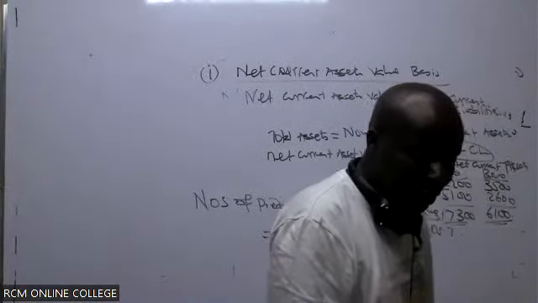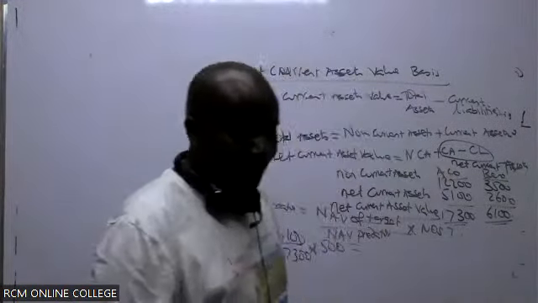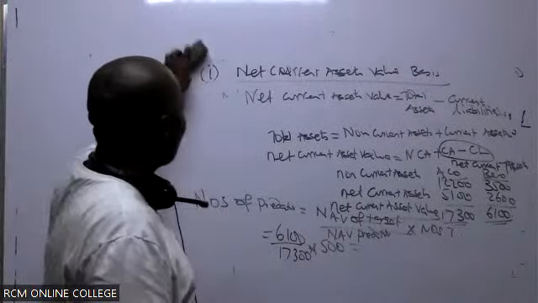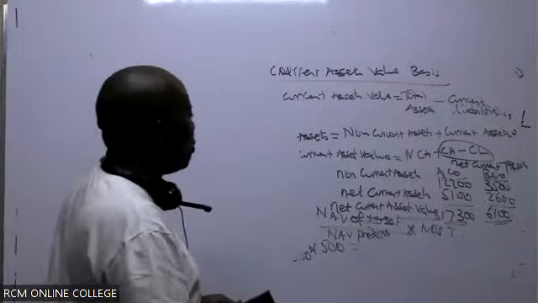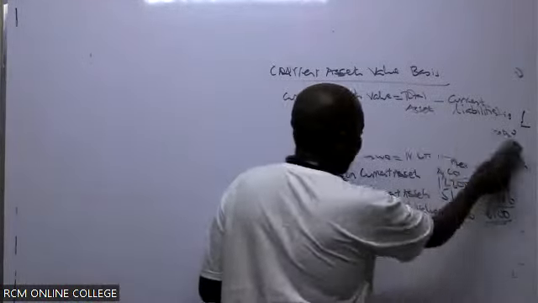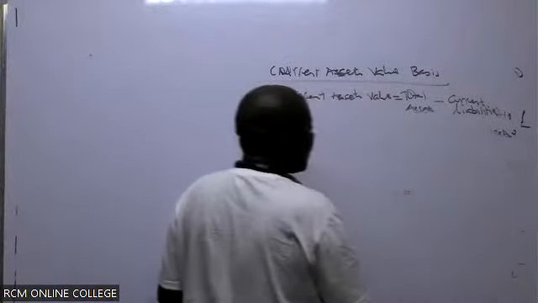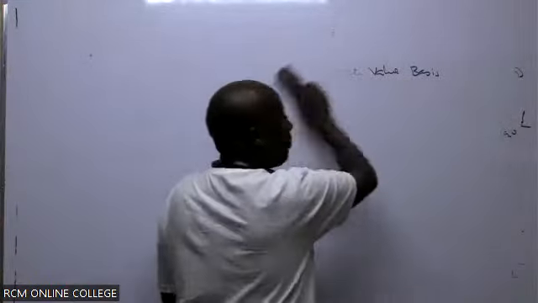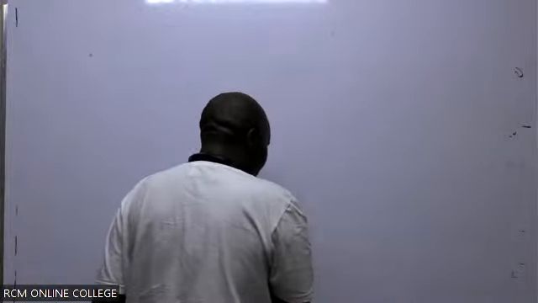You have in this case a company that has approached you wanting to buy all your shares. How do you get to value your business? You can't just say I'm going to sell this thing for 10 bob a share, for 20 bob a share. No, we need proper valuation. So how do we get to value our businesses?